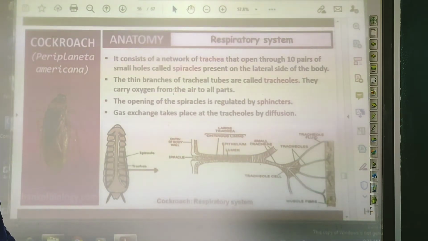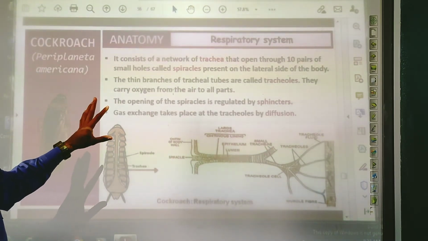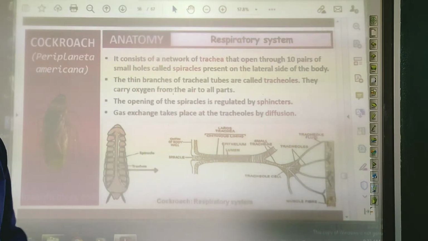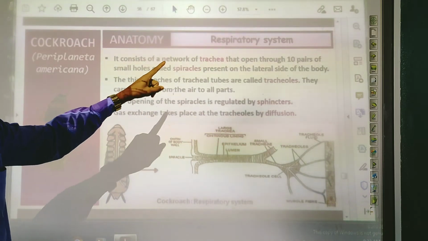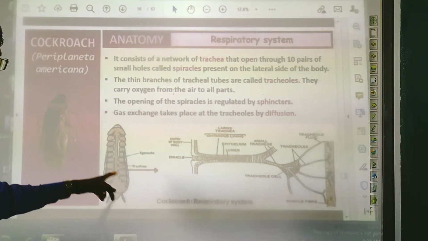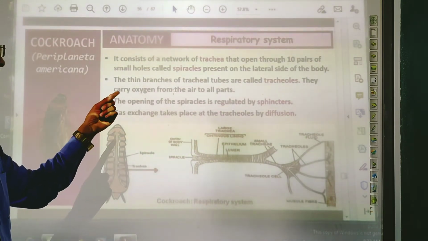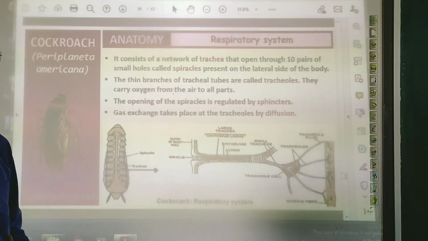And next is the respiratory system of the cockroach. It has the network of trachea that open through 10 pairs of small holes or spiracles present on the lateral side of the body. So here this is the respiratory system, and the thin branches of trachea tube are called tracheoles.